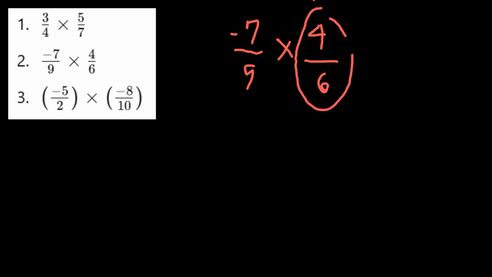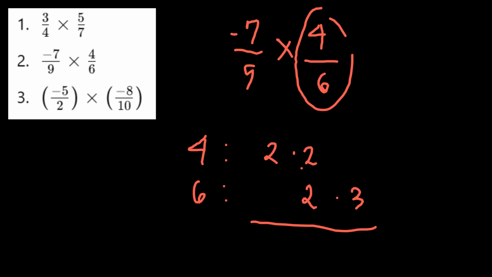Let's get the common factor between 4 and 6. We have 2 times 2, and then 2 times 3. So again, the common factor between 4 and 6 is 2. So you can simplify them.